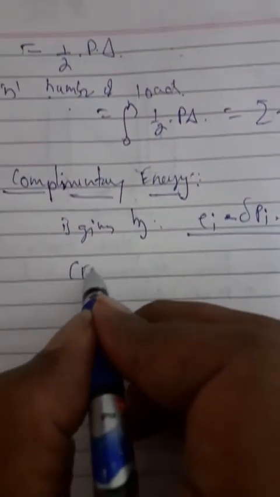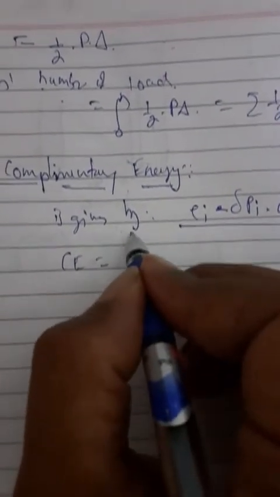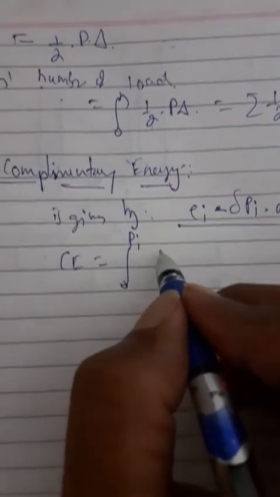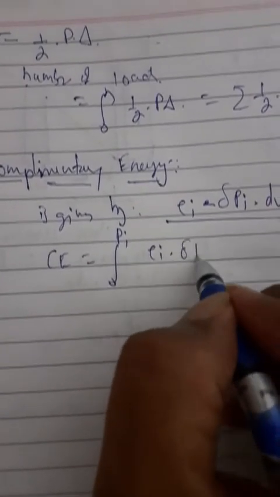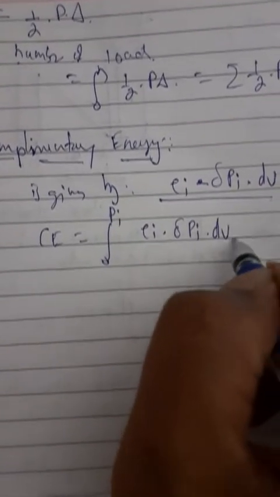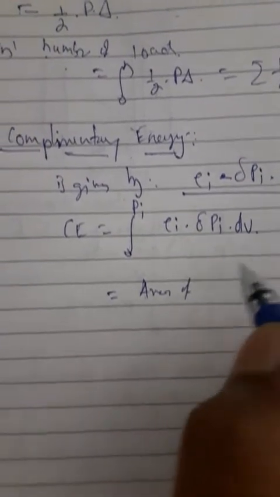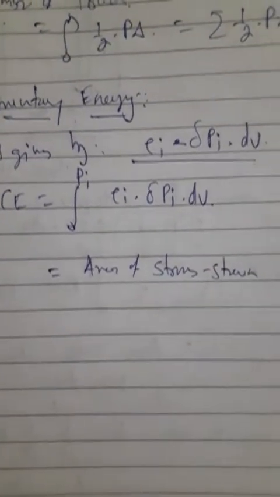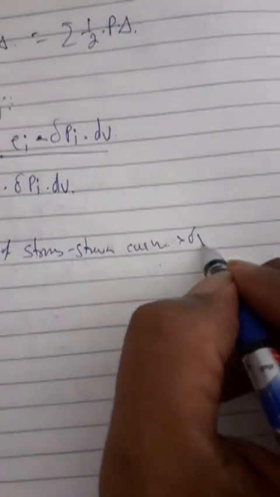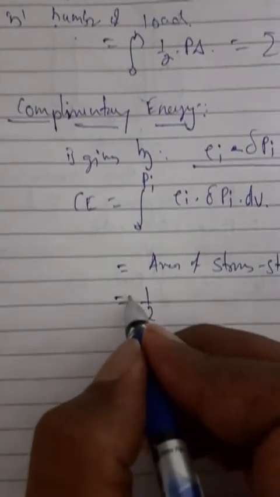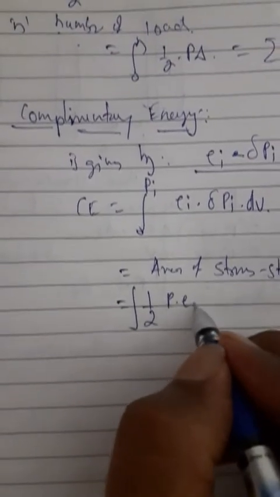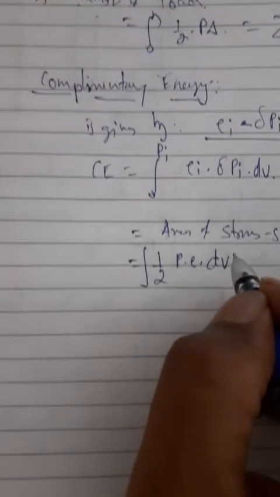So complementary energy for a system is the integration from 0 to pi of EI delta pi into dV, and this is nothing but the area of the stress strain curve into dV, or whole volume V, and that is given by the integration of half P into E into dV.